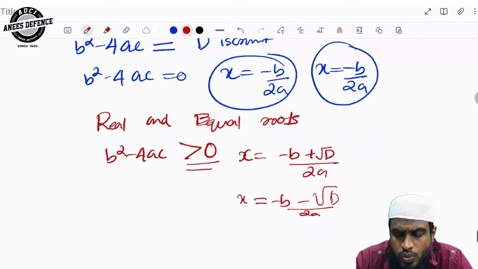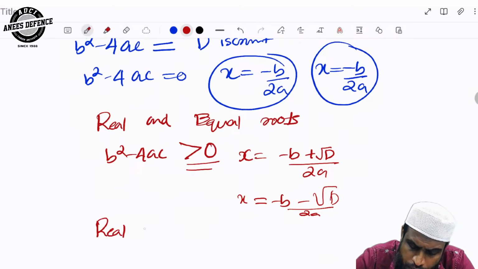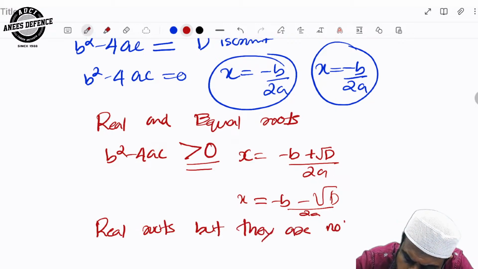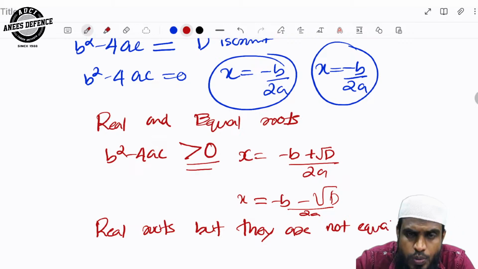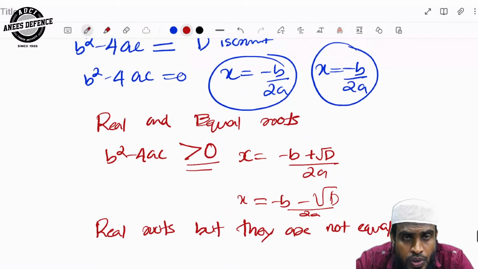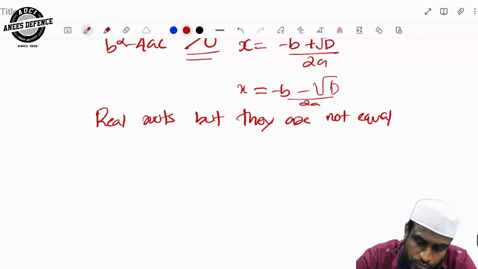So plus root D and minus root D is coming. Therefore, it has real roots, but they are not equal. So real and unequal roots if the discriminant is greater than 0; if the discriminant is equal to 0, real and equal roots.